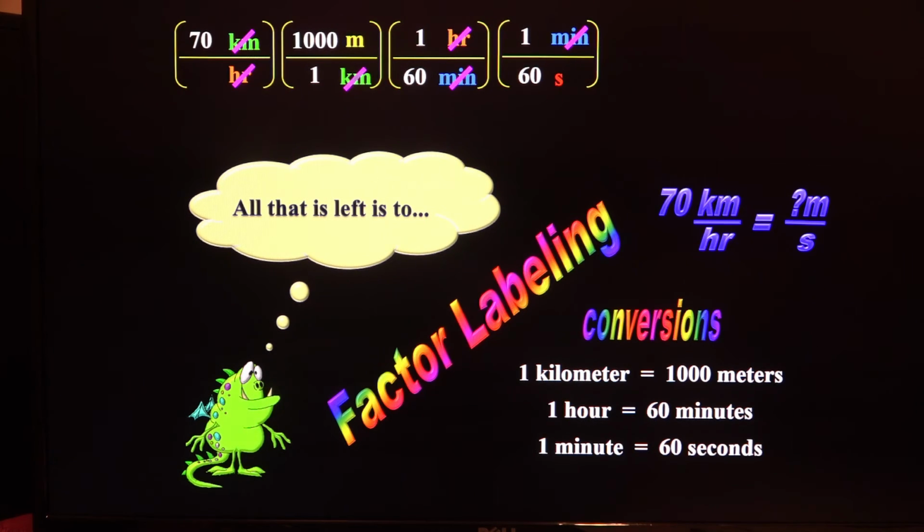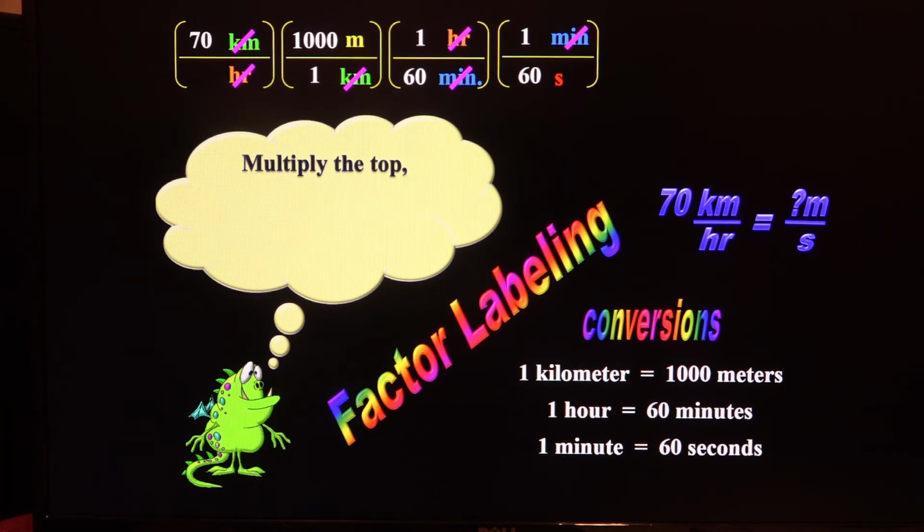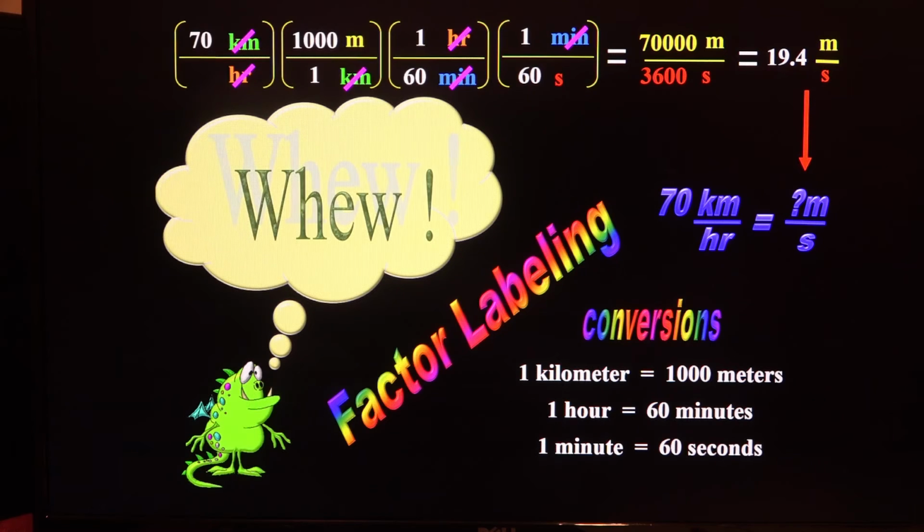All that is left to do is multiply the top, multiply the bottom, and divide the bottom into the top. And 70 kilometers per hour works out to be 19.4 meters per second. Whew, that was easy.